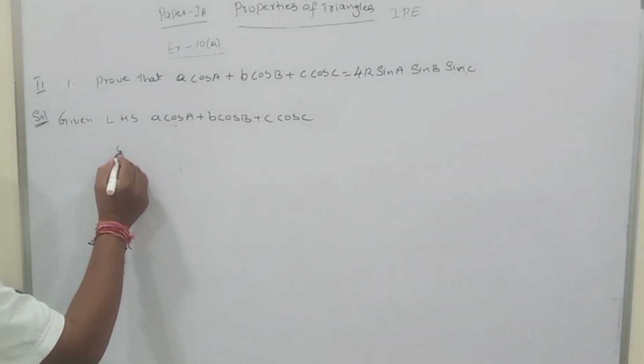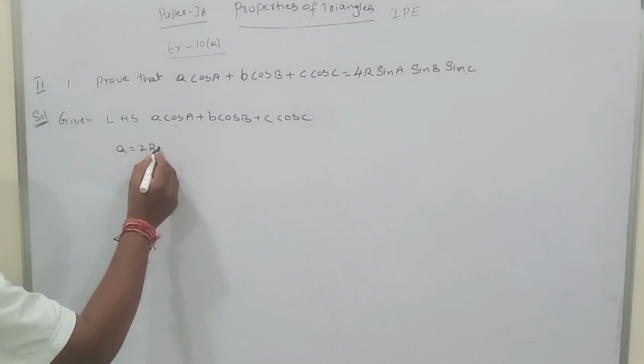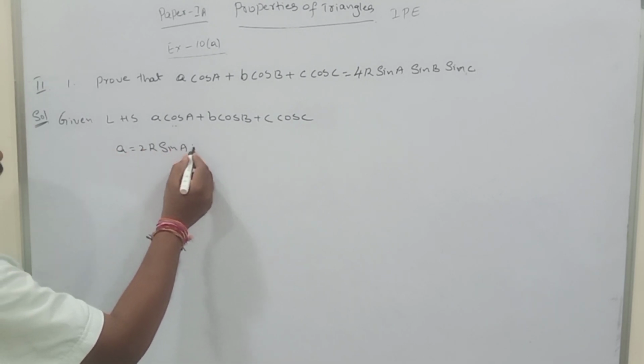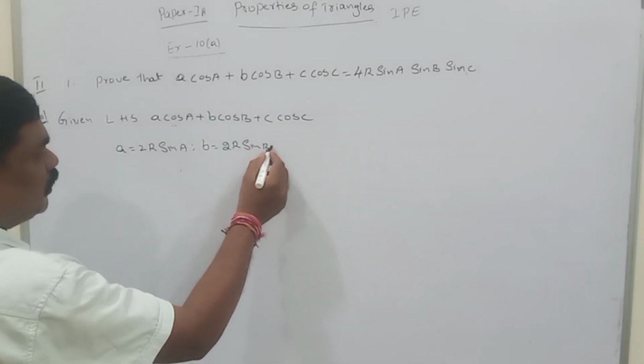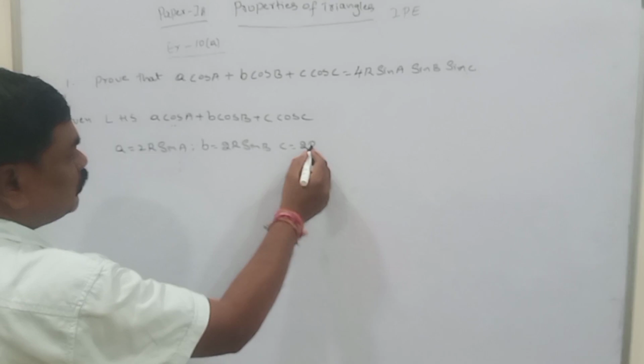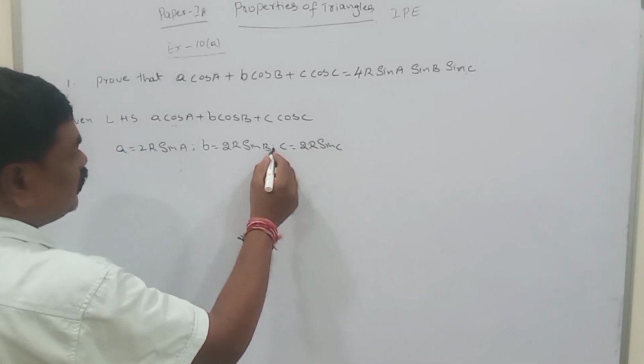What is the sine rule? a is equal to 2R sin A, b is equal to 2R sin B, c is equal to 2R sin C. These are the sine rule.